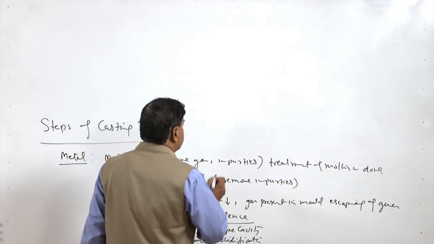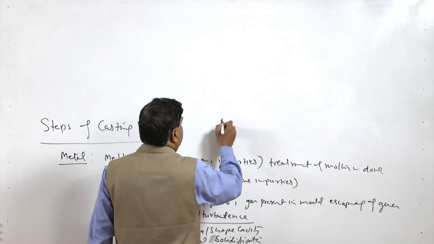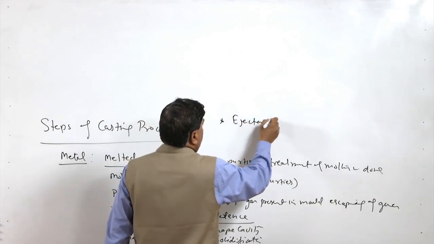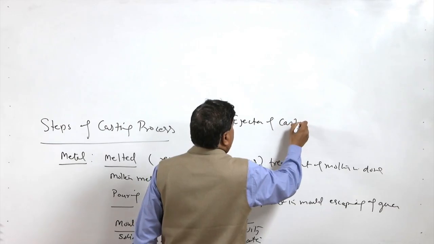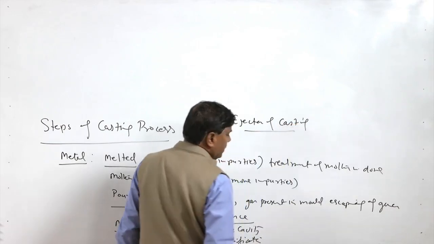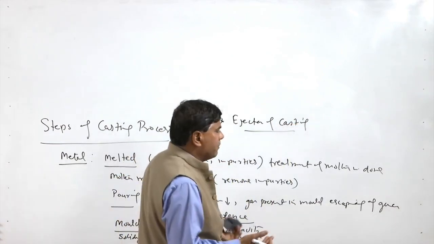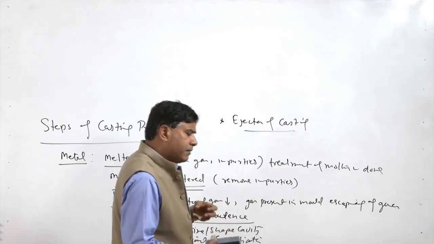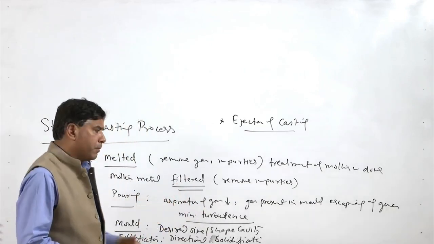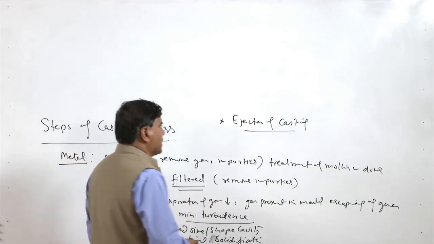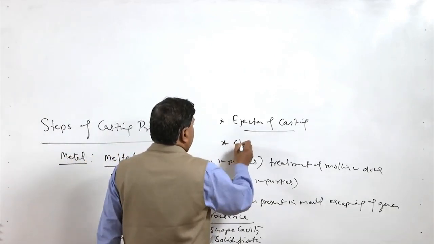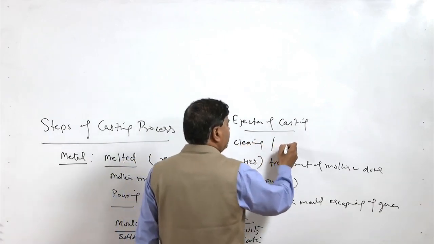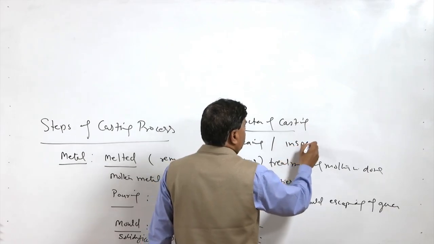Once the solidification is completed, then we go for ejection of the casting, or removal of the casting from the mould. So, depending upon the type of the mould, either ejection may be mechanized or the mould needs to be broken to take out the casting, and after ejection it involves cleaning and inspection of the casting.